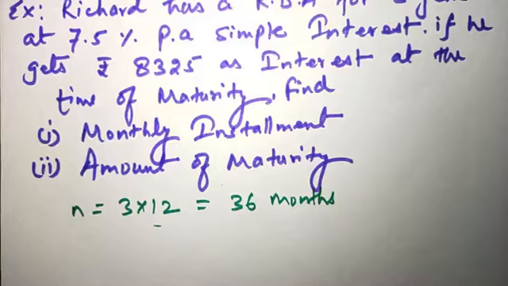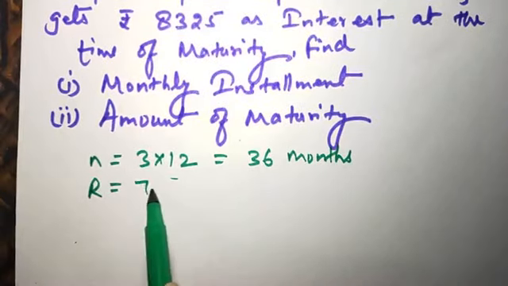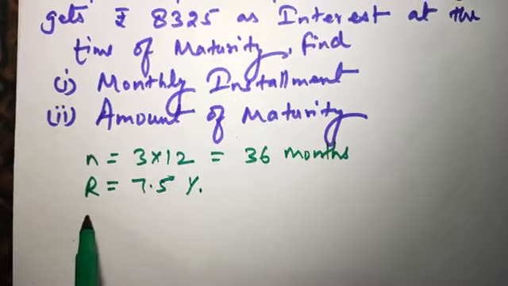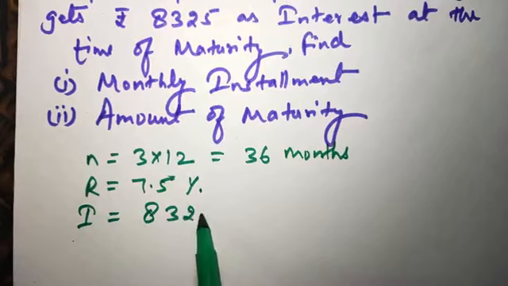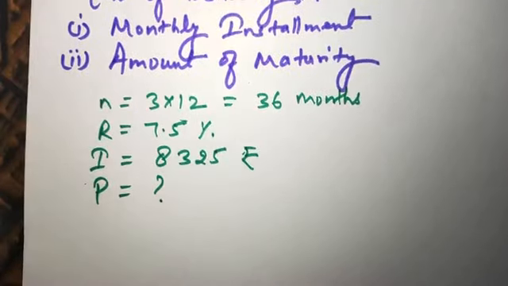So 3 into 12, 36. Rate, 7.5%. Interest is already given in this question, 8,325 rupees. Now we have to find the monthly installment, that is P, and then the amount of maturity.